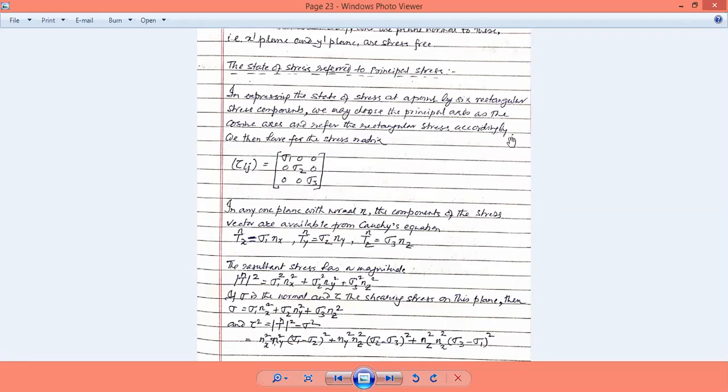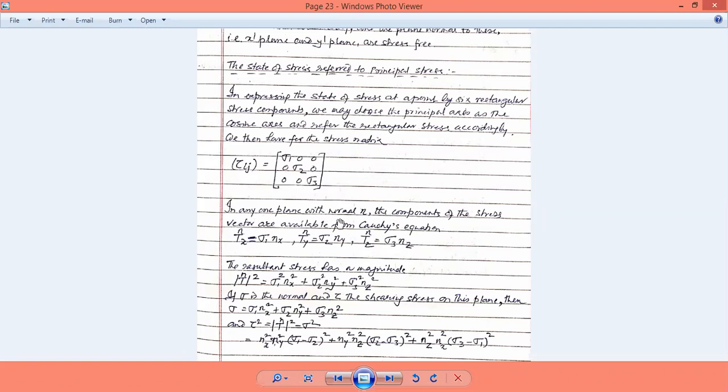Then we have the following matrix: of the 6 rectangular components, 3 are normal stresses and the other 3 are shear stresses, tau xy equal to tau yx, and so on. If the principal axes are the coordinate axes, then all the shear stresses tau are 0, because on the principal axes all shear stresses are zero.